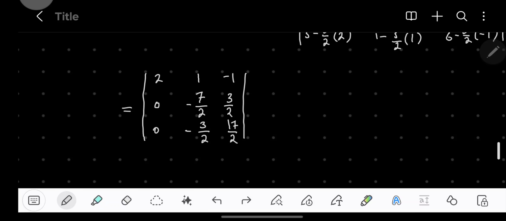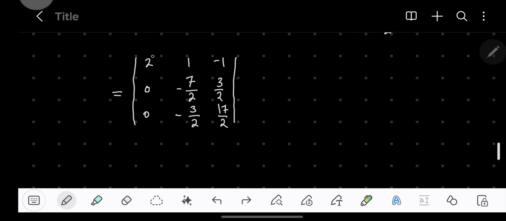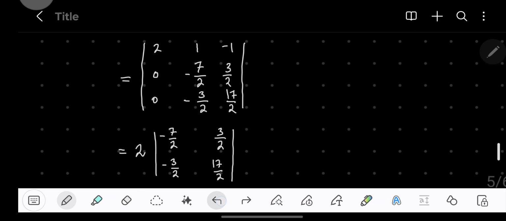Now, if I expand this determinant along this column, I will first write this entry plus this entry plus this entry times the determinant of submatrices. But I will only write the first entry, because these two entries are 0.